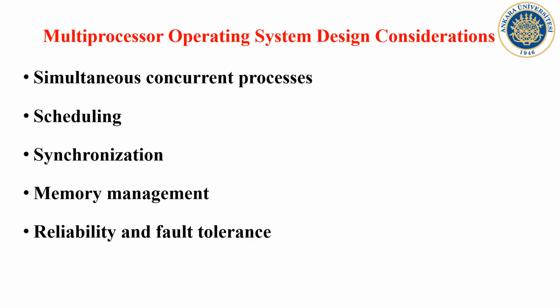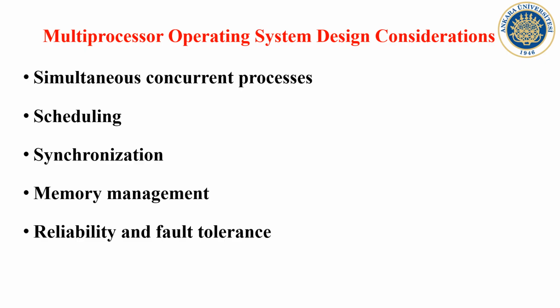In multiprocessor systems, when a user designs a program, they do not need to worry about whether the instruction or thread will be executed on a single processor or multiple processors. This responsibility is handled by the operating system. However, in order for the operating system to perform this task efficiently, it must consider several important factors. Firstly, simultaneous concurrent processes. The operating system must allow multiple processors to run the same operating system code at the same time safely.